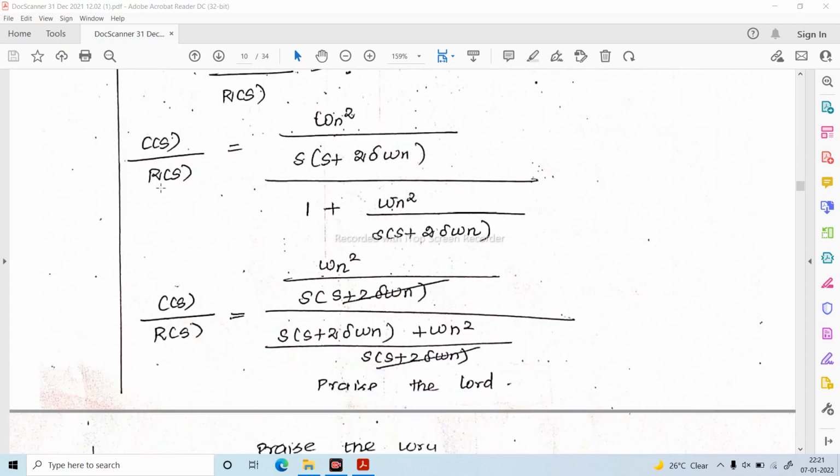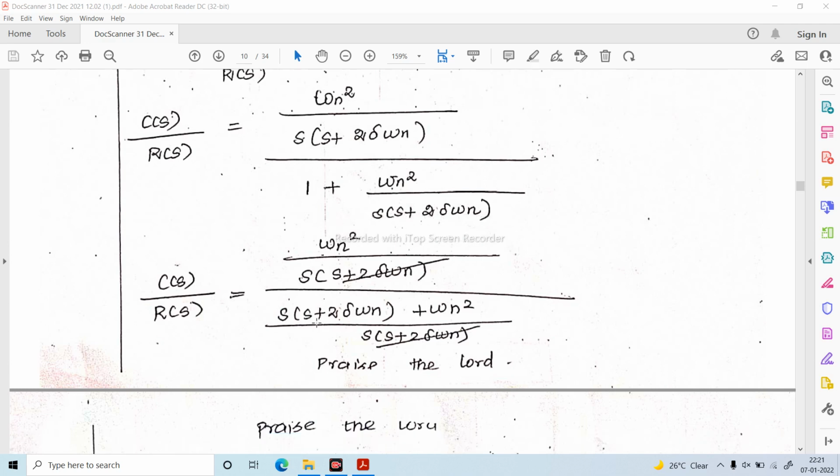So C of s by R of s is equal to, we have to put the g of s first, omega n square divided by s into s plus 2 zeta or delta omega n, the whole divided by 1 plus omega n square divided by s into s plus 2 delta omega n. Next, take the LCM in the denominator term.